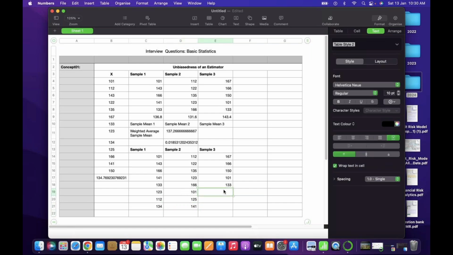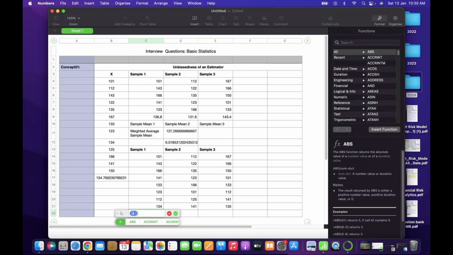Over here I'll put in 112, 141, and 135. Now I'll again do the average.